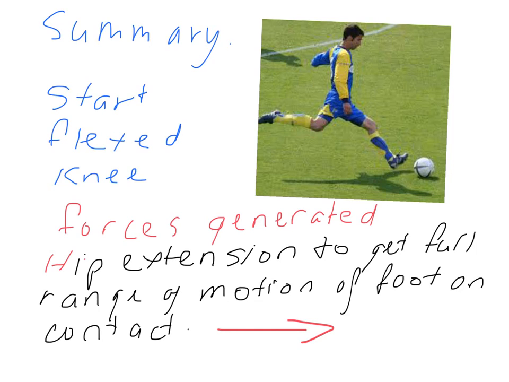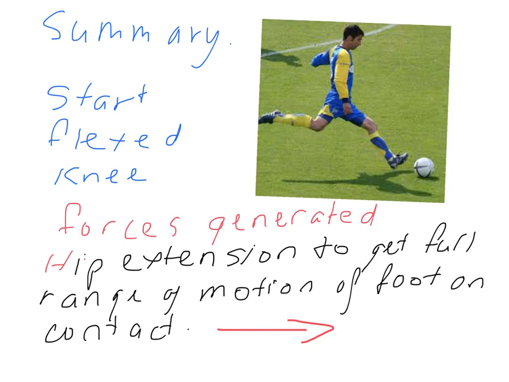So we'll just go over that again. You've got to start with a flexed knee, and then to generate forces, the forces start with the hip and the trunk, and then the thigh, lower leg, foot, then the ball.